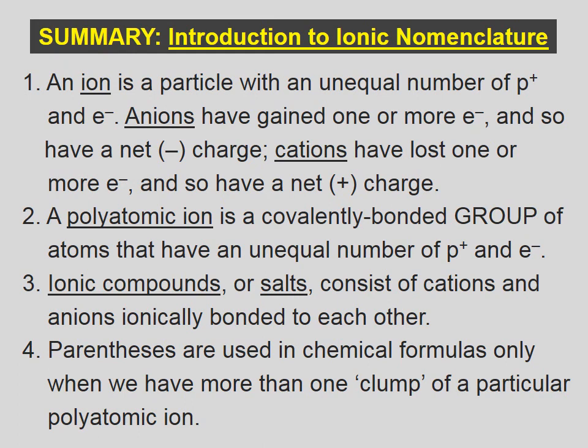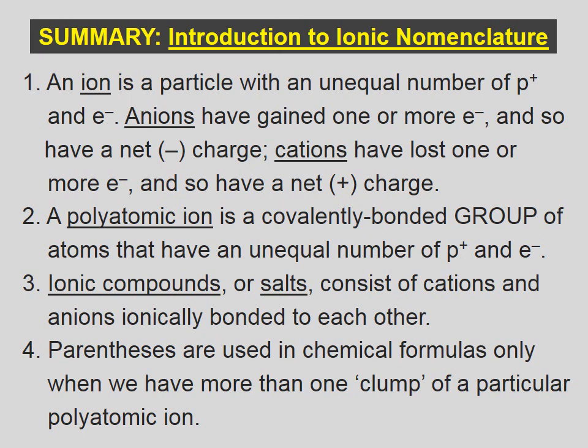Let's summarize our introduction to ionic nomenclature. 1. An ion is a particle with an unequal number of protons and electrons. Anions have gained 1 or more electrons and so have a net negative charge. Cations have lost 1 or more electrons and so have a net positive charge. 2.